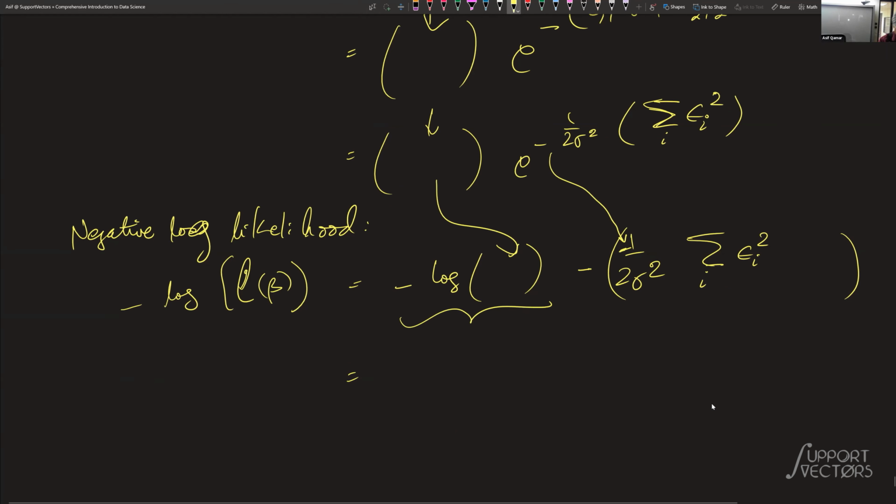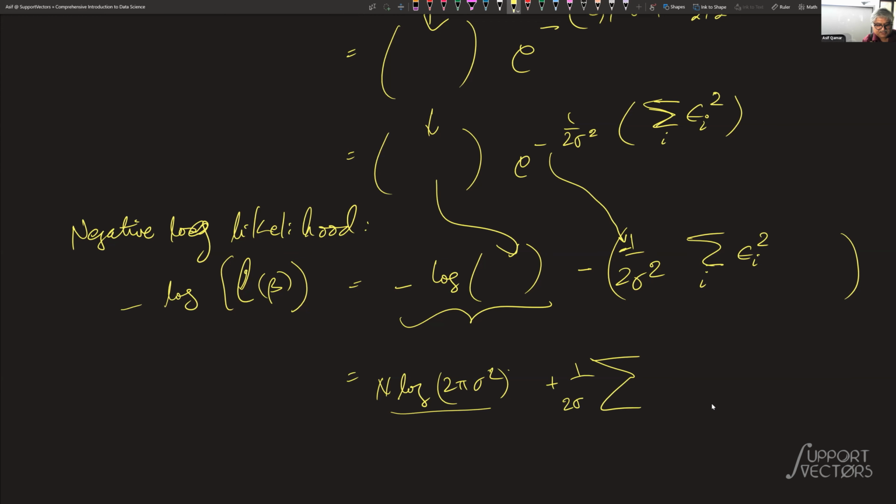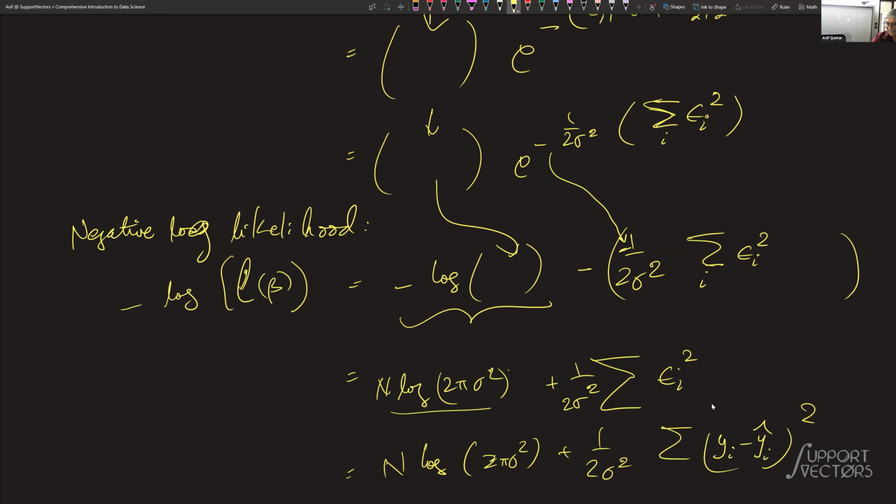It is just some constant, plus log of 2 pi sigma squared to the n, which is n, the number of data points, times this. This is a constant plus, up to a proportionality constant, 1 over 2 sigma squared times the sum of epsilon i squared. Ignoring the constant term, it is n log 2 pi sigma squared plus 1 over 2 sigma squared times the sum of (yi minus yi hat) squared.